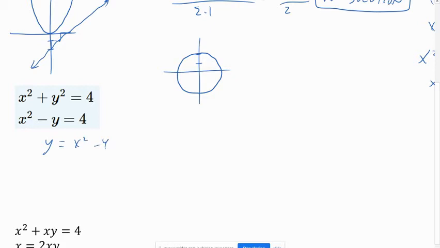So that's a parabola that is down 4. And so it looks like we could potentially have 4 solutions. It's possible that the parabola could go wide and have no solutions, or just barely touch and have only 2 solutions.